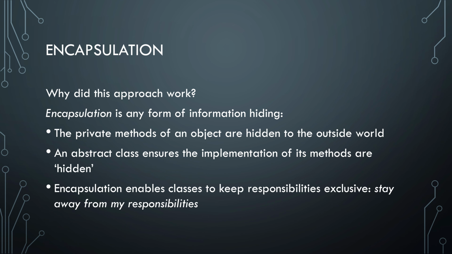This approach works well because we're hiding information to ensure that responsibilities are clear and exclusive. This is also called encapsulation. Shapes know nothing about the implementation of the sorting algorithm, and collection knows nothing about how individual shapes are being drawn.